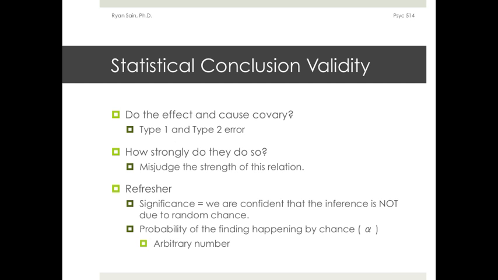Actually, let me just pull it up. So we'll set that number, the alpha level, as we say. Oftentimes you'll see an alpha level set at 0.05. An alpha level at 0.05 literally means that we're 95% confident that our finding was not due to chance.